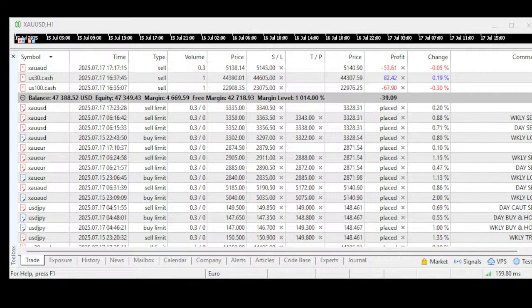So the balance 70%, we should be making money. So the theory is 18 or 20 times we lose.